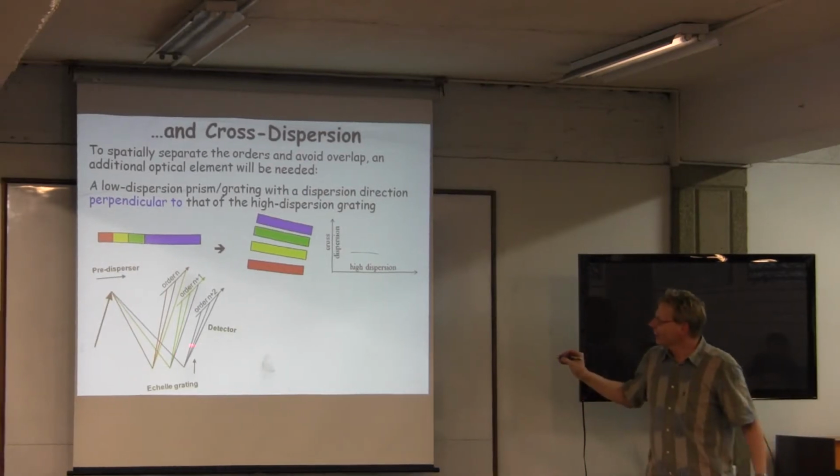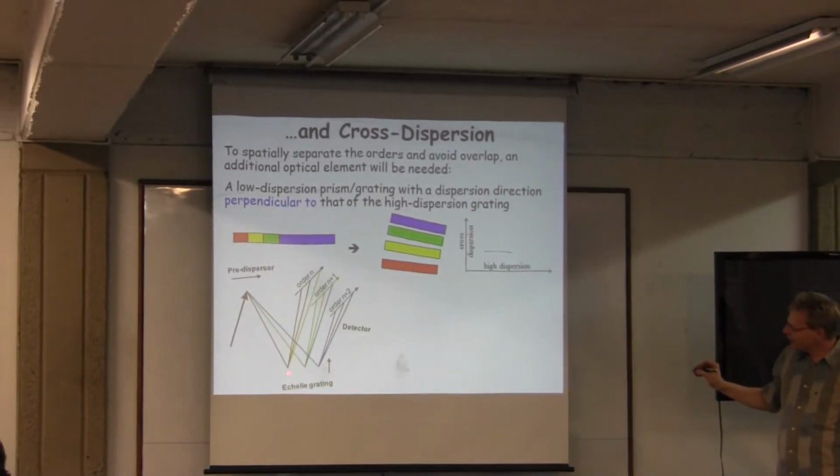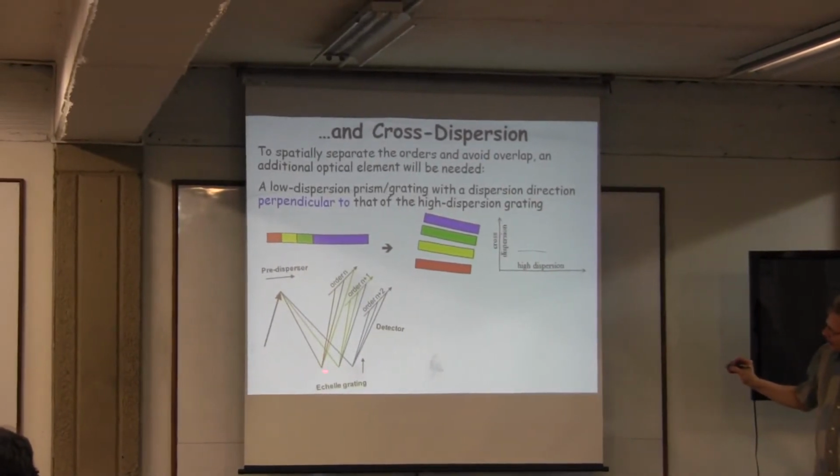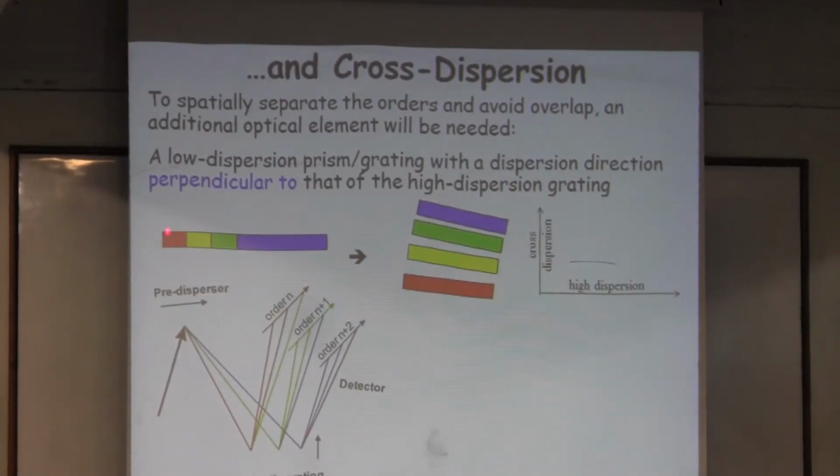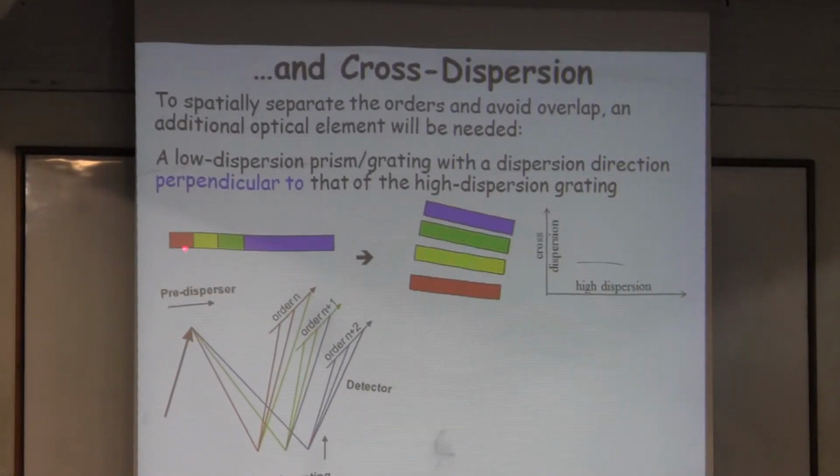Okay. Anyway, the point is you have a grating here, dispersing. So you have, let's say, different orders. The different orders only have a relatively small wavelength range, just say 50 nanometers or something like that.